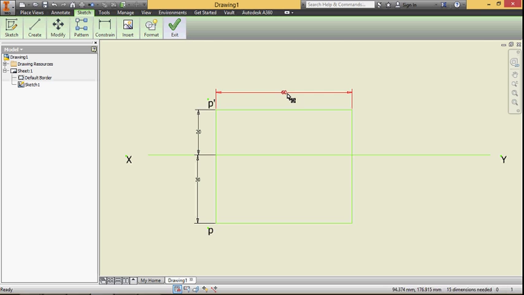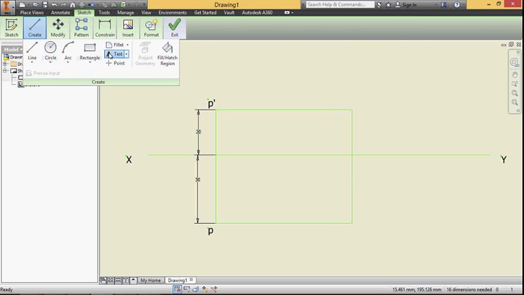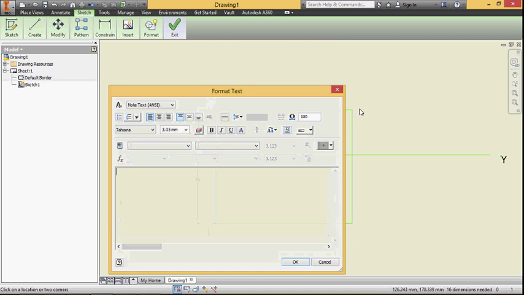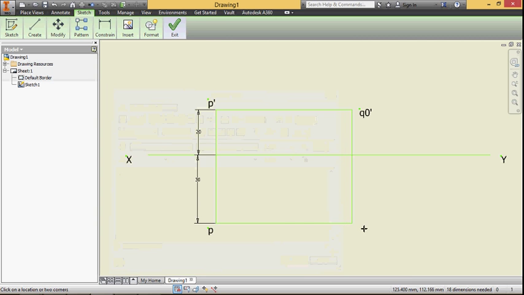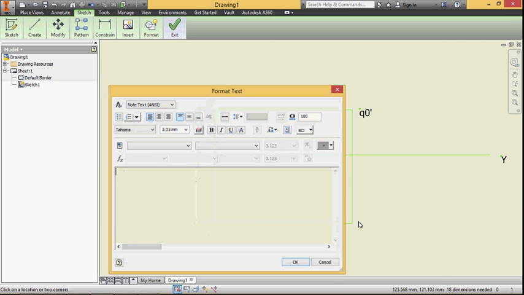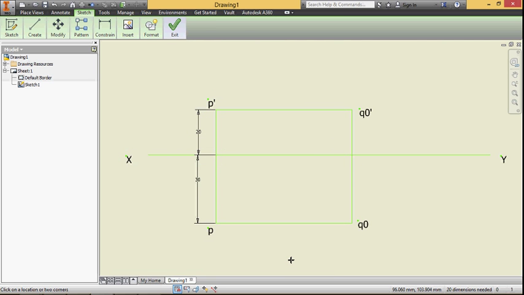So this is the simple position of the line. Here this point is Q0 dash and this point is Q0. So this is the simple position of the line, which means the line is parallel to both HP and VP.